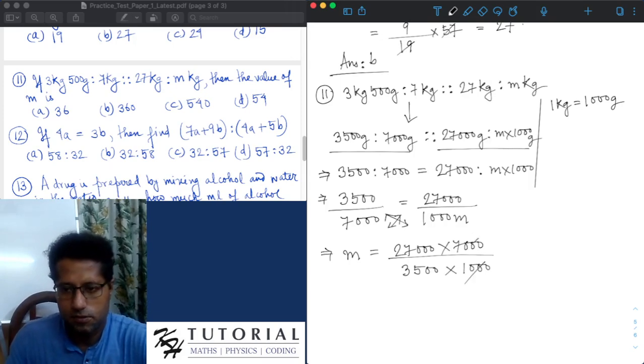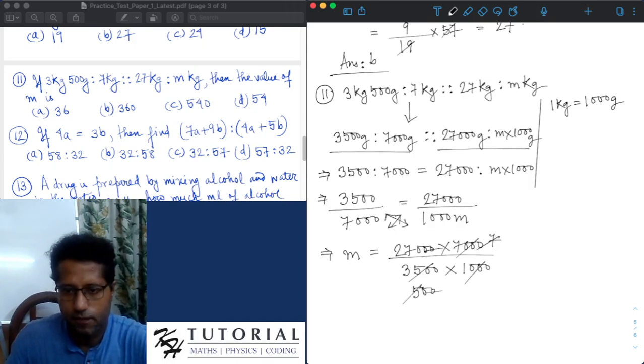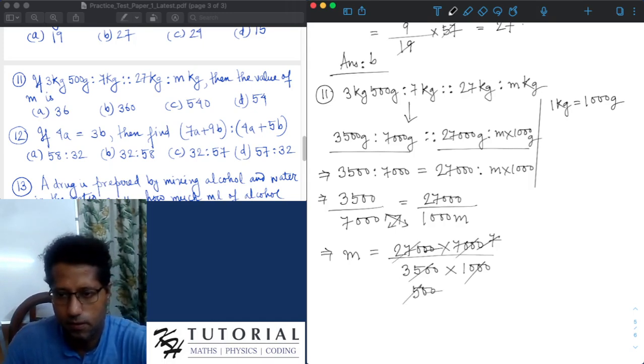Now this cancels with 7, and 35 divides with 500, and 20 cancels here, 20 cancels here, and 5 divides 270.